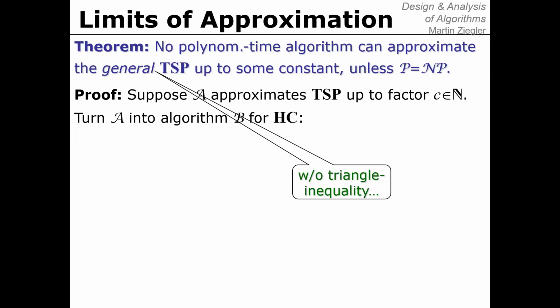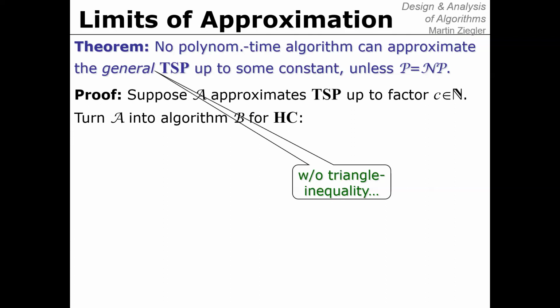Remember what is Hamiltonian circuit? In Hamiltonian circuit, we're given a non-weighted, non-complete graph. In the traveling salesperson problem, we're given a weighted, complete graph. Hamiltonian circuit: not a complete graph, some edges are missing. No weights, only a yes or no question. Does this graph admit a Hamiltonian circuit, which means a tour which starts at some vertex, visits every other vertex using only the edges that are allowed, and then returns to that vertex, yes or no?